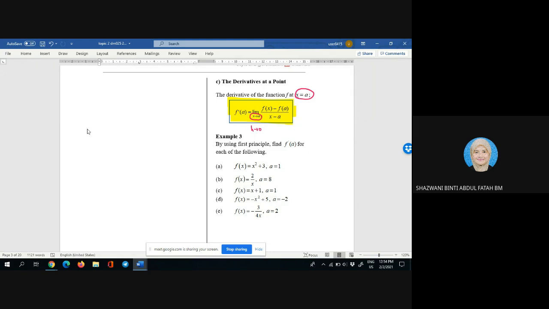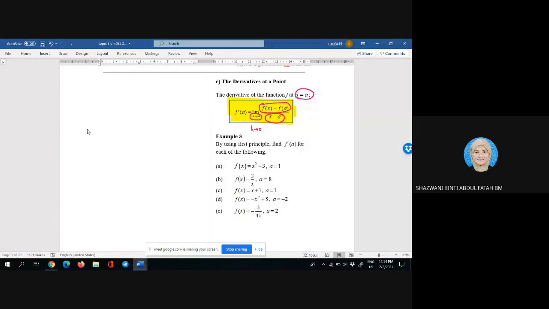And now you have f(x) minus f(a) over x minus a. That is the difference between the general first principle derivative and the derivative at a point. It is first principle too, but at a point.